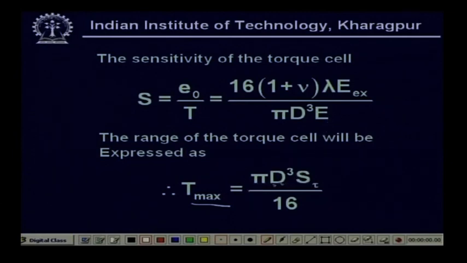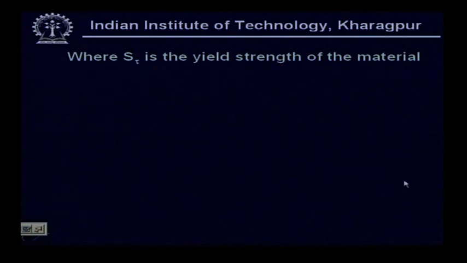If you reduce E, at the same time S tau will also reduce, so T max will also reduce. So you have to make a compromise between the sensitivity and the range of the torque cell. Here S tau, as in the previous equation, is the yield strength of the material.